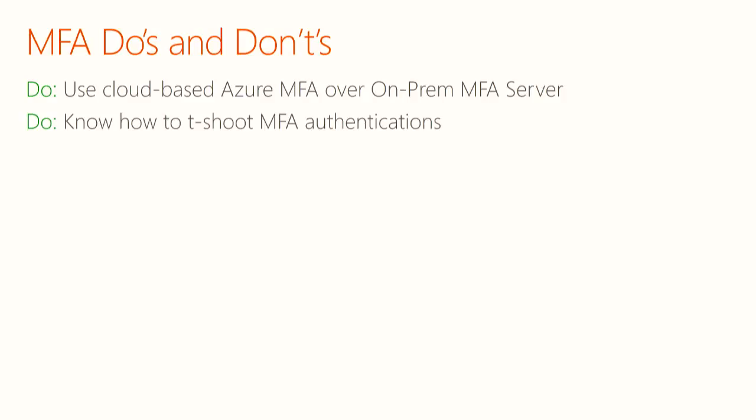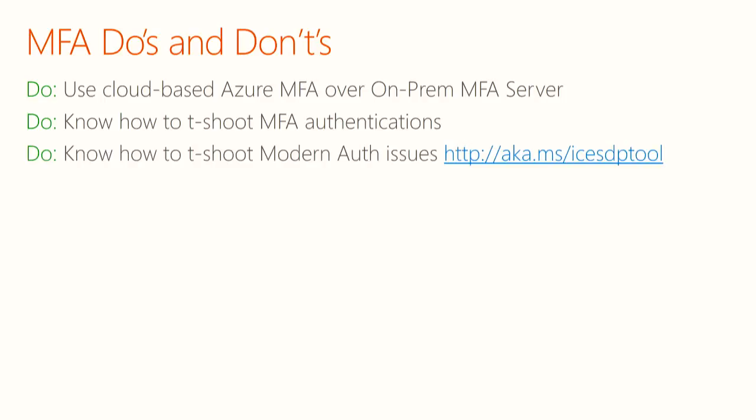So know how to troubleshoot MFA authentications. There's a few points here around how modern authentication works versus legacy authentication when MFA comes into play. We've got a link here in the deck to a debug tool. Fundamentally, understanding that flow for modern authentication is going to be really important for troubleshooting.